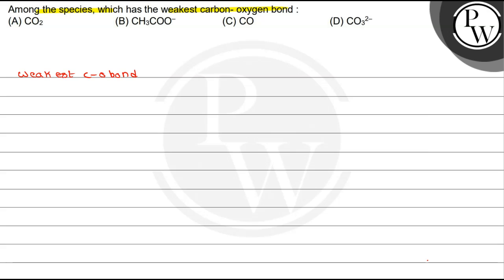In order to find the weakest carbon oxygen bond, we must know the relation between bond length, bond strength and bond order. Bond strength is directly related to bond order.